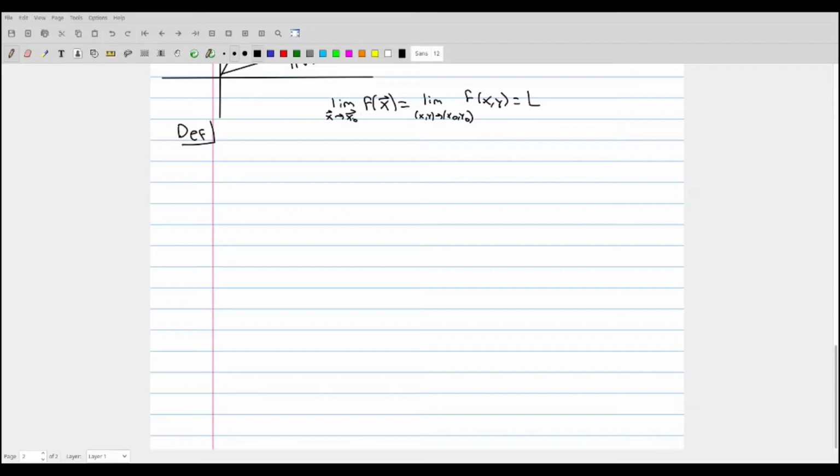It could apply for a function of 3 variables or 4 variables, and all of the limit definition also extends, which is a neat idea.